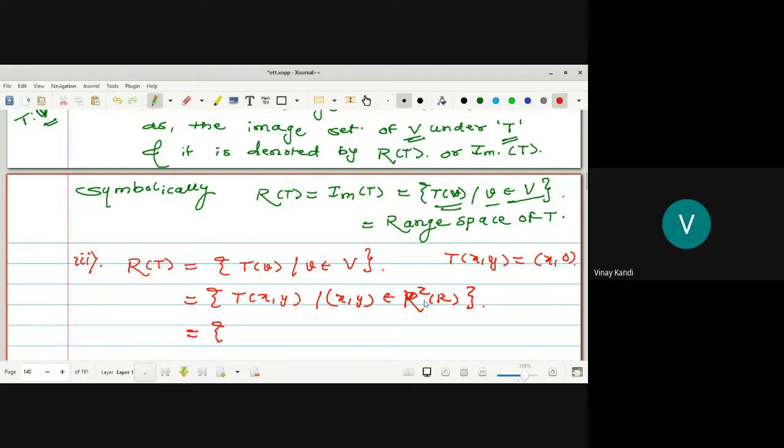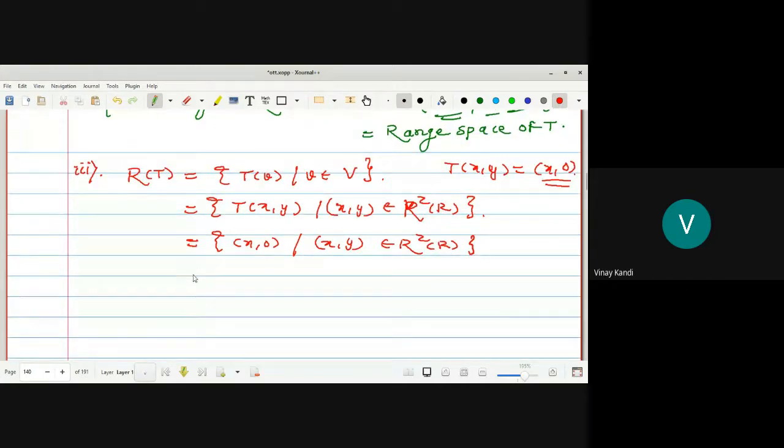T of (x, y) is (x, 0). So we get (x, 0) such that x and y belong to R2 over R. So elements of the type (x, 0) are the range space. What we have there is (x, 0) such that x and y belong to R2 over R.